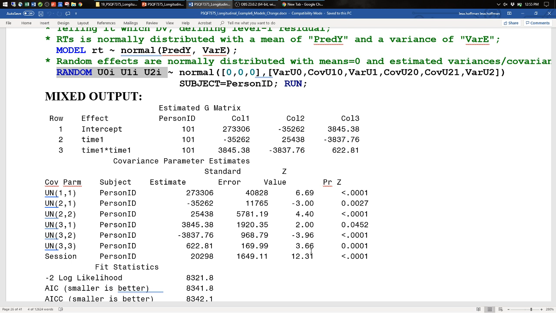All 3 means are 0. Why is that? The means of each of these distributions is already given by the fixed effect. The random is always how far off, so you expect a mean of 0. And then in parentheses is the G matrix in order of entry. So here's 1, 1, 2, 1, 2, 2, 3, 1, 3, 2, 3, 3.